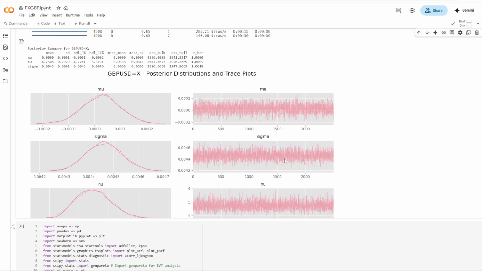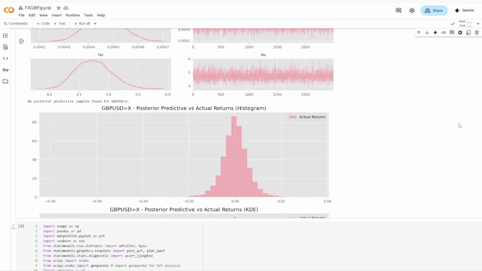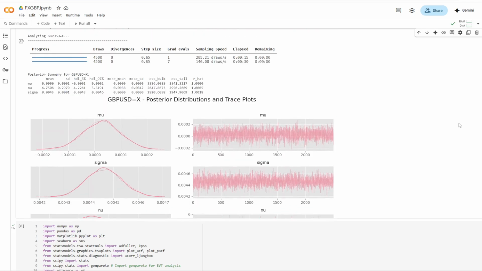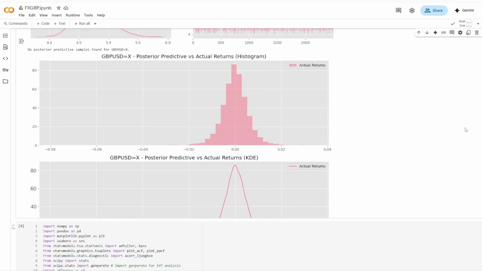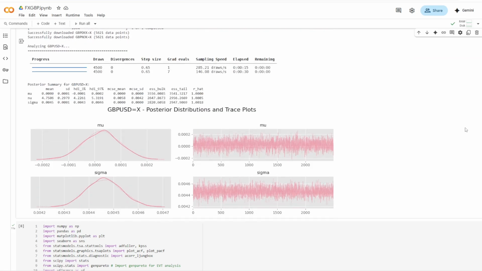We will not go through this one, but nevertheless, what is important is to consider the new parameter and standard deviations, and compare them with the other currencies or the other volatility parameters.